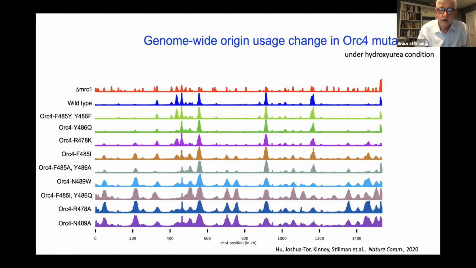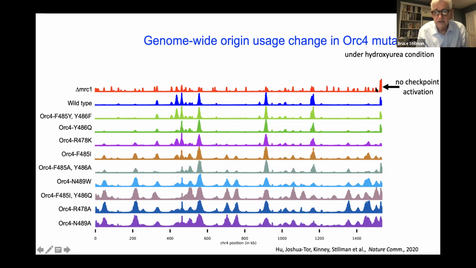And we did whole genome analysis of these using a checkpoint mutant that now shows all origins of replication firing in the presence of hydroxyurea. And you heard earlier in this meeting about the hydroxyurea inhibiting DNA replication. This is the wild type. So only the early origins fire in the presence of hydroxyurea.